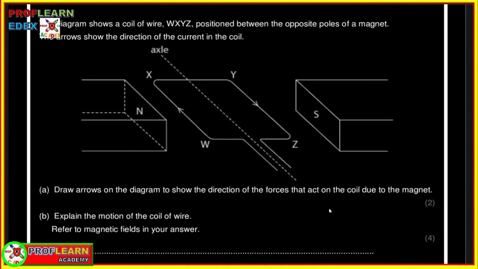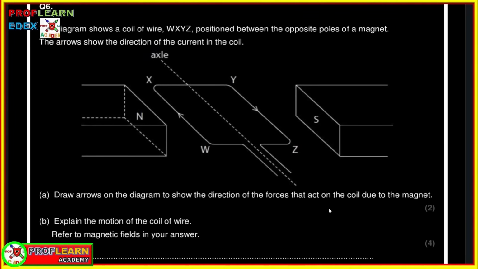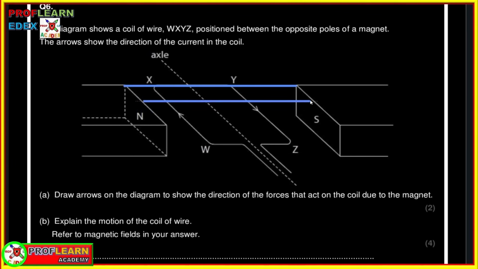Those magnetic fields created around the conductor are going to interact with the magnetic field of the permanent magnet. So you have to take note of that.